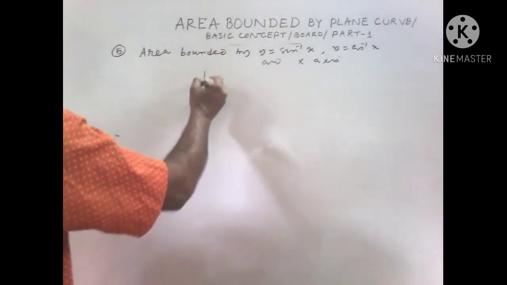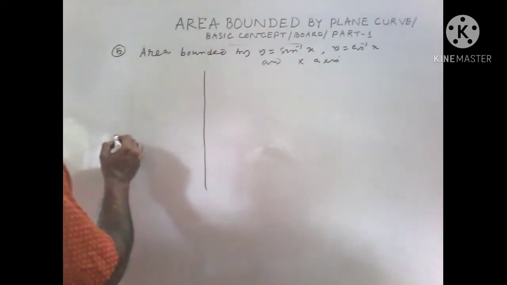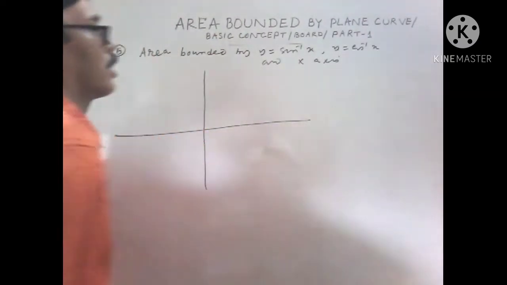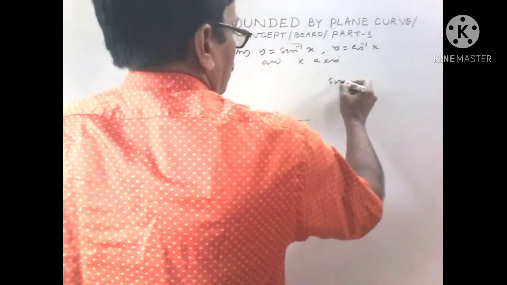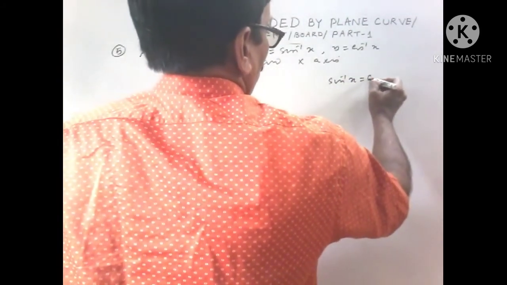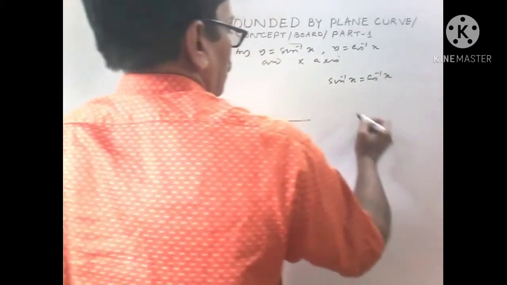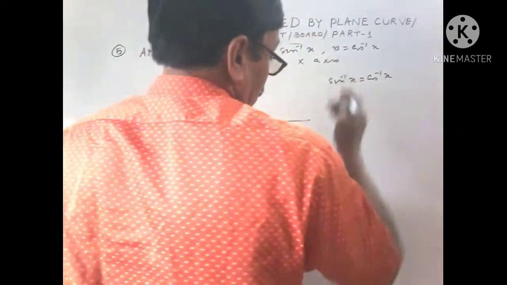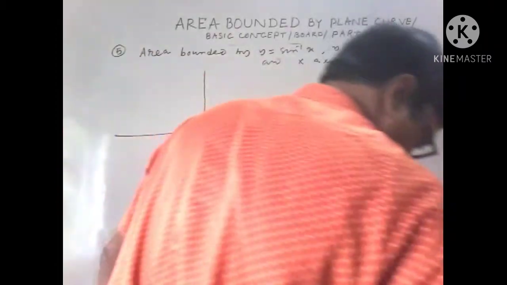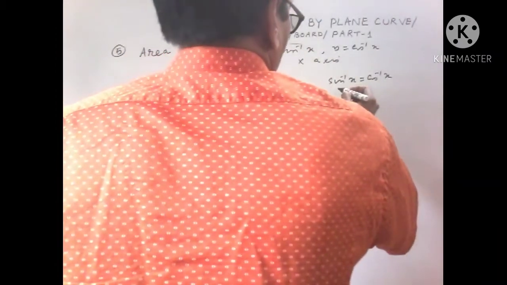So sin inverse x equals cos inverse x, so they intersect at x equals 1 by root 2.